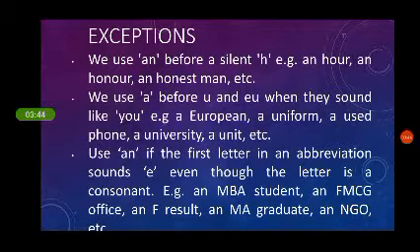So we say an MBA student, an FMCG office, an F result, an MA graduate, an NGO, etc. Take note, in abbreviations, if the first letter sounds like a vowel, we use an before it. Let us continue.